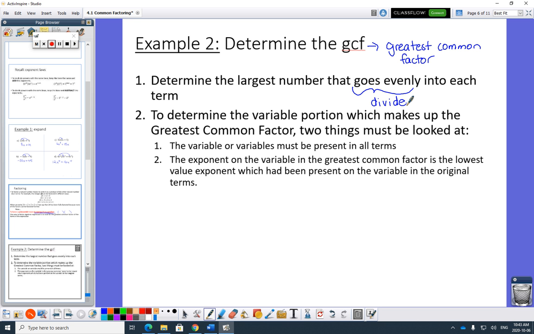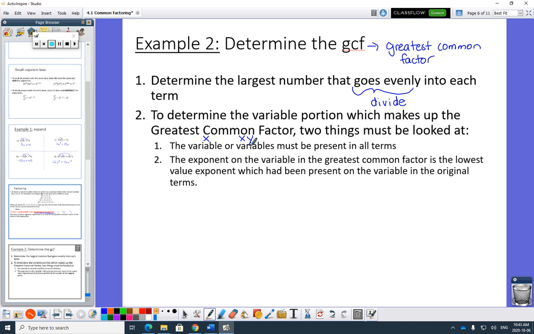You have to make sure that if there are variables, they are present in all terms. A variable would be like x or xy, for example. If you're going to say that xy is the greatest common factor, then there has to be an xy in each of the terms that you can divide.